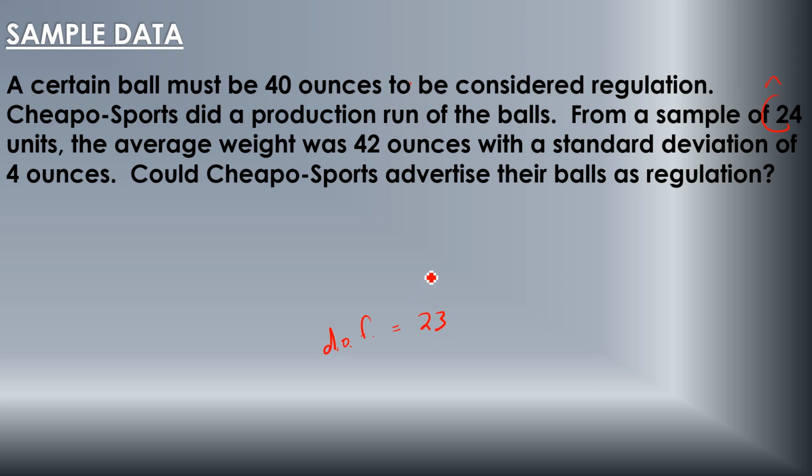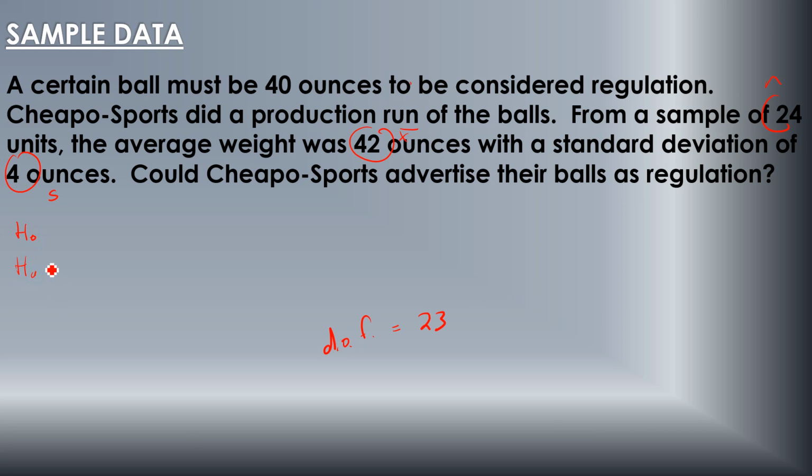That's a little bit of an extra step that we didn't have before. The average weight is 42 ounces in our sample. So this is our X bar, and this 4 ounces is our sample standard deviation.